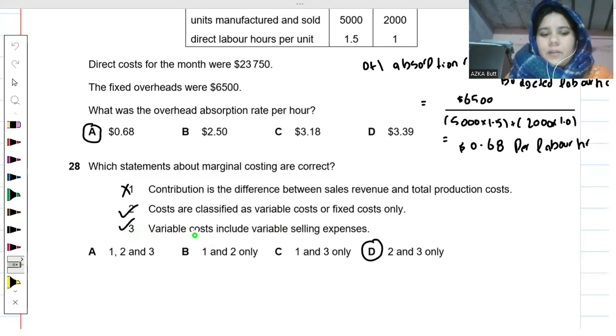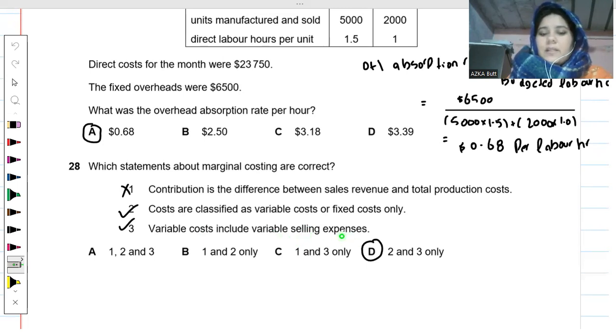And in the third option, variable costs include variable selling price. So yes, of course, variable cost, because variable selling price means that if you are selling something, maybe there are some expenses occurring at the time when you are selling your product. So that is why it is totally variable, because these expenses increase with your sales.